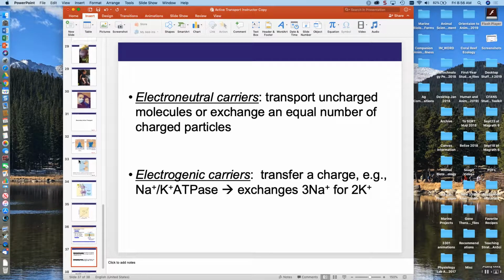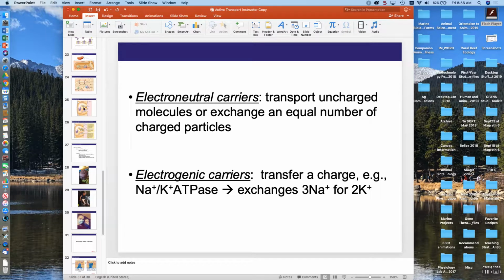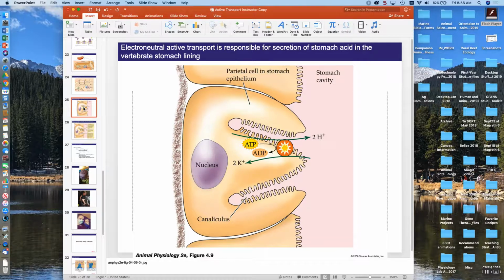So, I'm just going to bring it back home here. Remember our pump that's in our stomach, the parietal cells within our stomach lining? This is a very good example of an electroneutral pump.